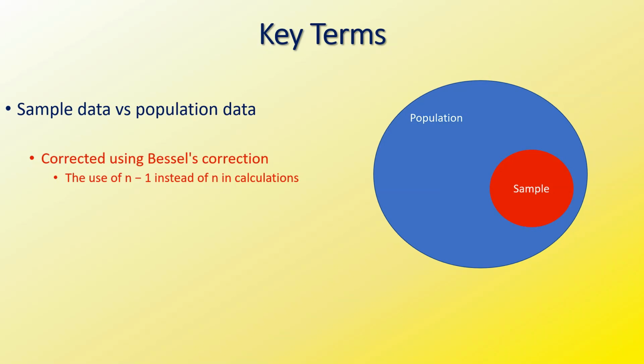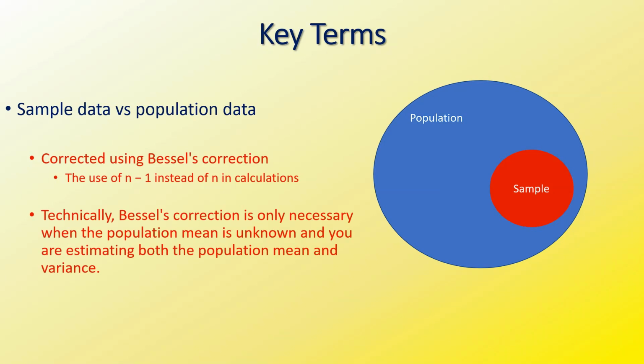If we have a sample instead of a population, then we have what's considered as one less degree of freedom. We don't have the full data set, and so we divide by n-1 instead of n. Remember, this is only important if you're doing a sample analysis rather than a population analysis. But because in the vast majority of instances we are doing samples, you need to have an understanding of this process.